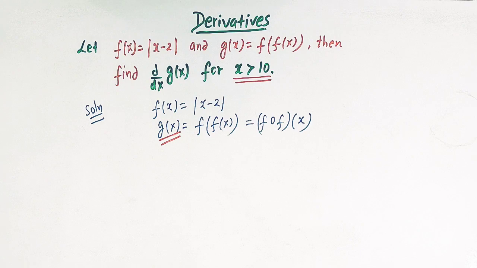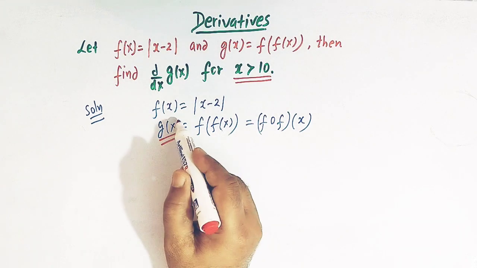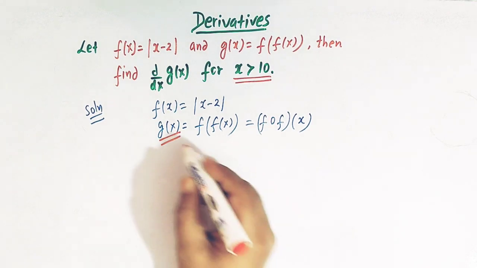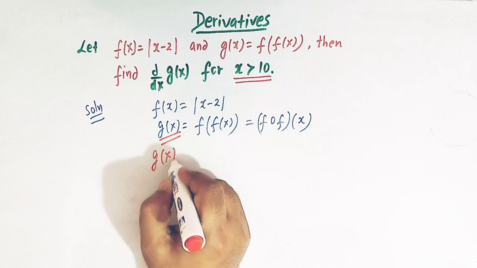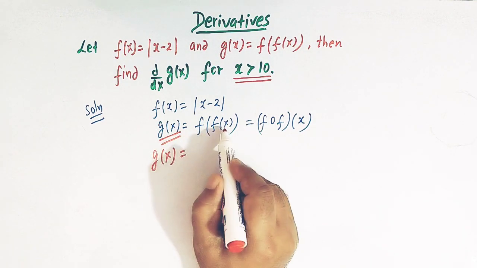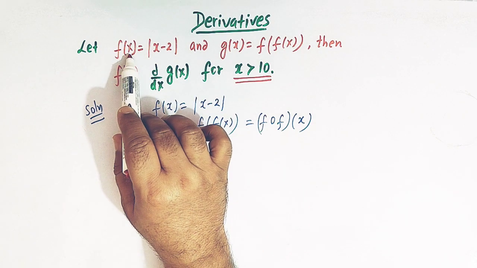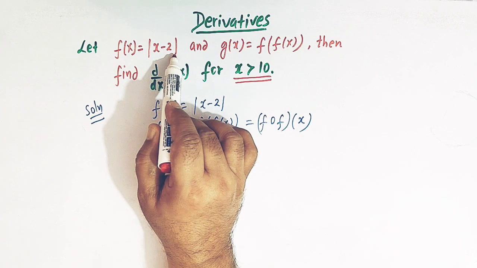So what we will do here, we'll first express the function g of x in terms of x, right? So now see, here g of x can be written as f of f of x, and see, here f of x is mod of x minus 2, right?